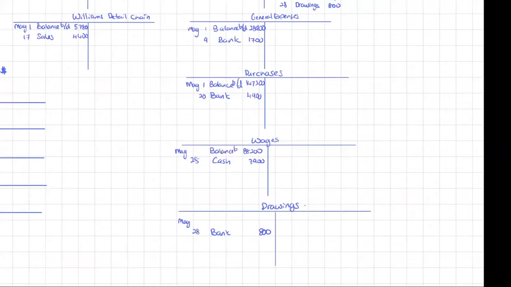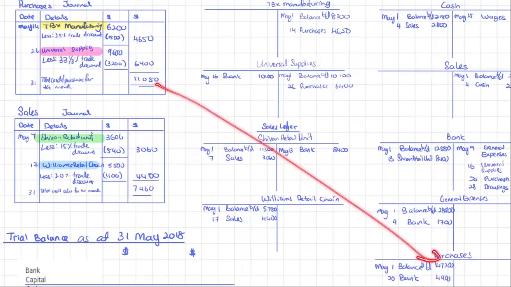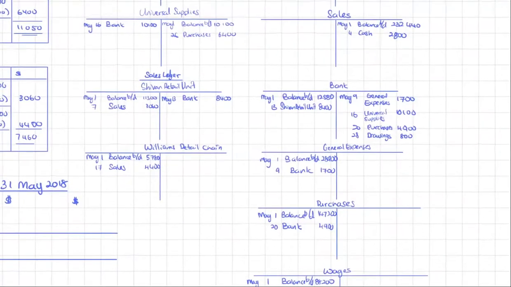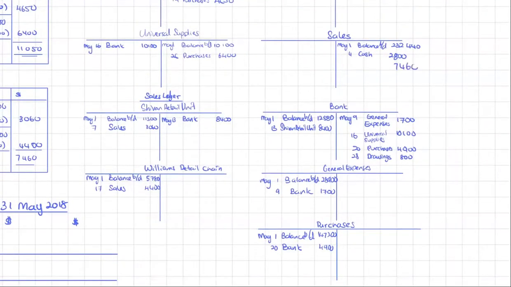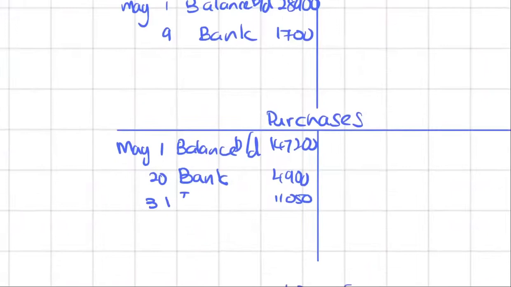Before we end everything, we need to make sure that we bring in the missing ones here. At the end of the month, we need to bring in these to their specific account, sales and purchases. So this time we put 7460 in sales. 31st, purchases also 31st, 11,050. So this one will be total credit sales for the month. It's also the same thing, total credit purchases for the month.